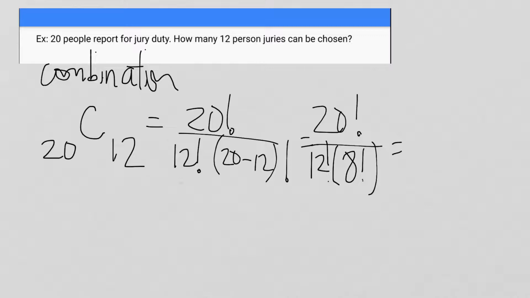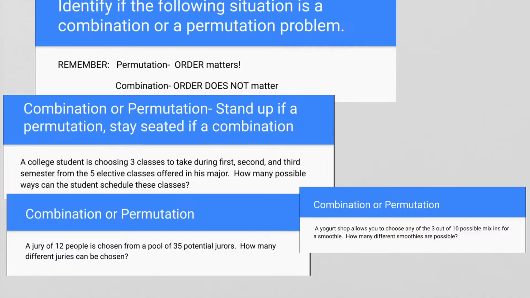If you try it in the calculator, so again, go to math, over to prob, and it's down to, I believe, number 3 this time. And you're doing N, and here's the R. Press enter. You should get 125,970 ways to choose a 12-person jury.